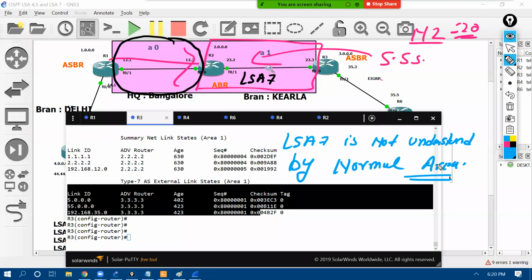Problem has come again. Normal area does not know LSA 7 because LSA 7 is a property of the NSSA area. It only travels within the NSSA area. So it only travels like this. It ends here, it will travel only till here, not more than that.